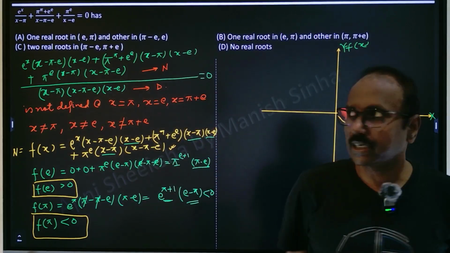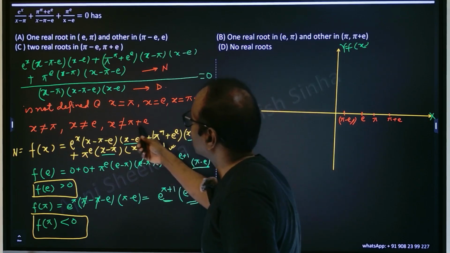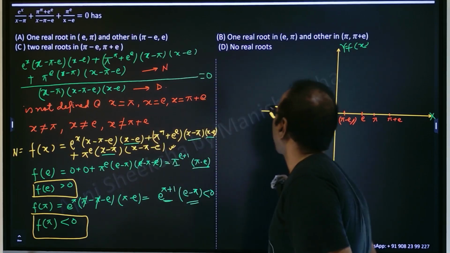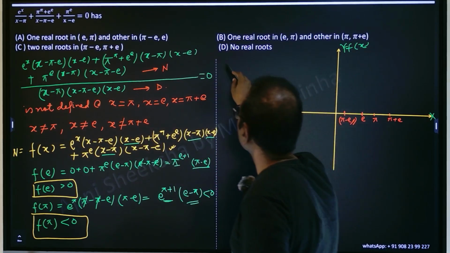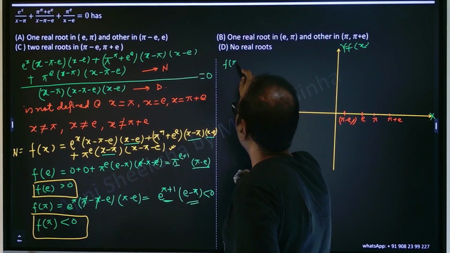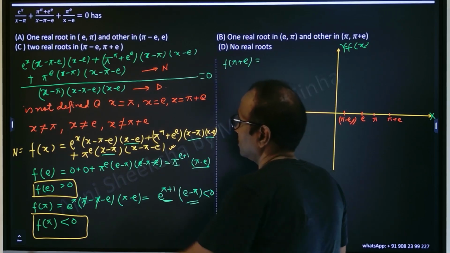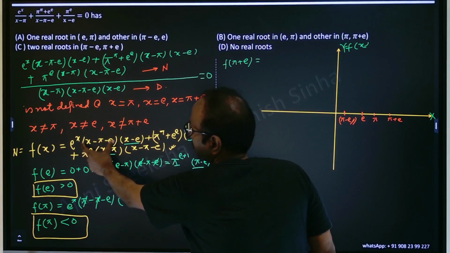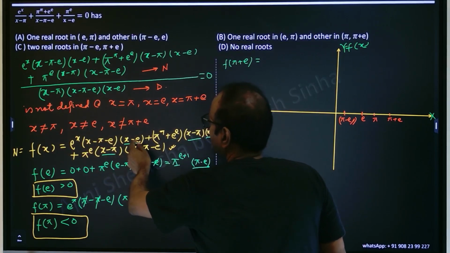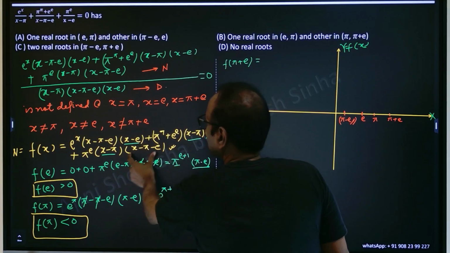So now we will try out for pi plus e. When you put pi plus e, this term will be 0. So first term is 0. Then third term will be 0.